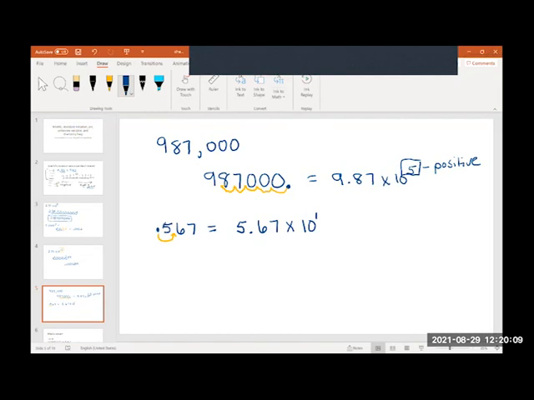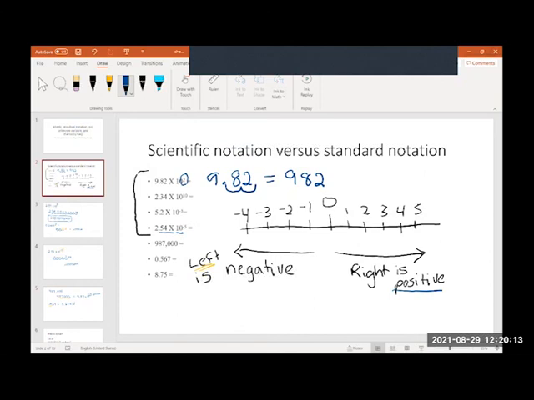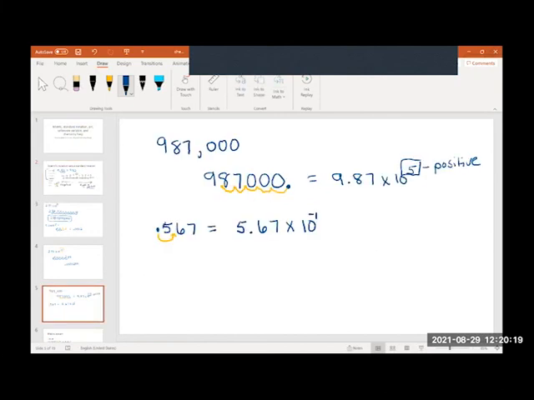And remember, the digits on the left side of 0 in our number line are negative. So we would put a -1, and that would tell our friend that they need to move the decimal place to the left, one place, one jump.